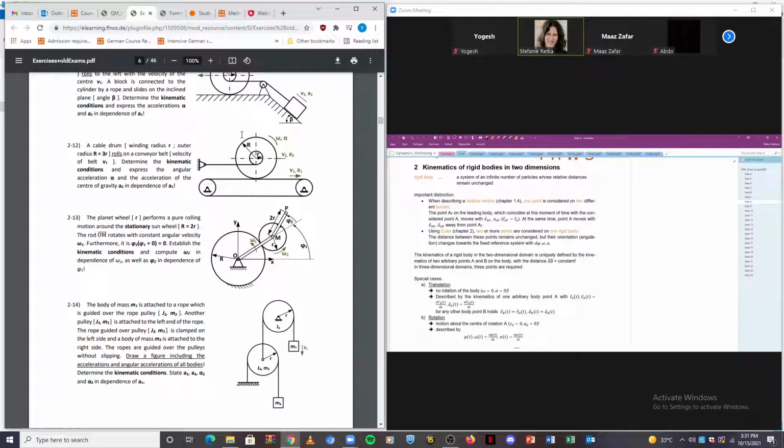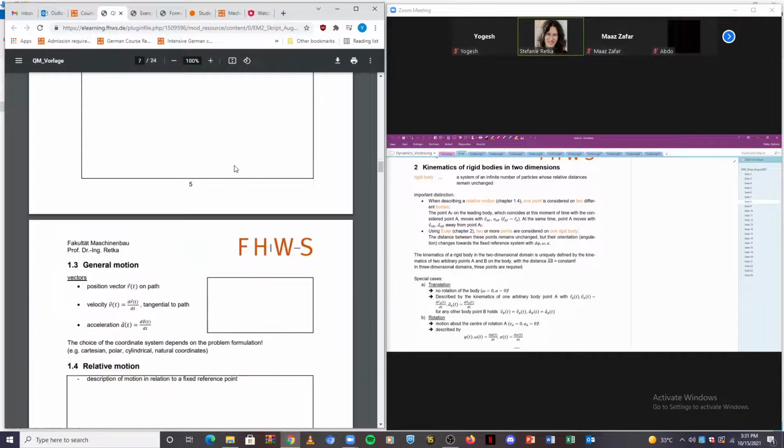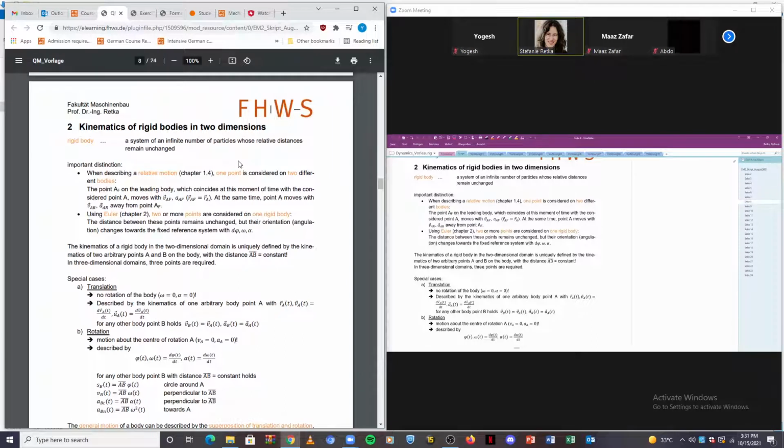But in both cases, we had one point that we described on two systems. Now, in case of rigid bodies, we are describing 2 points on one rigid body. So 2 points whose distance remains unchanged.